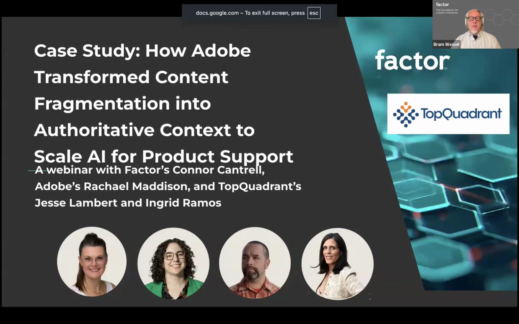To start us off, I'm going to turn us over to Ingrid Ramos from Top Quadrant, who's going to talk a little bit about context and their tool. Take it away, Ingrid. Thank you, Bram. Welcome, everyone. We really appreciate your time today.